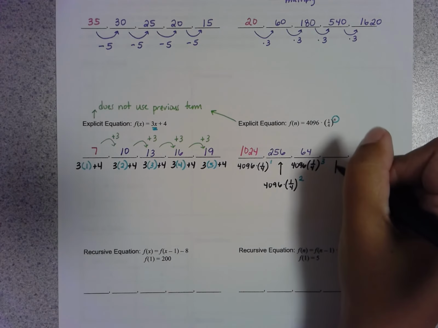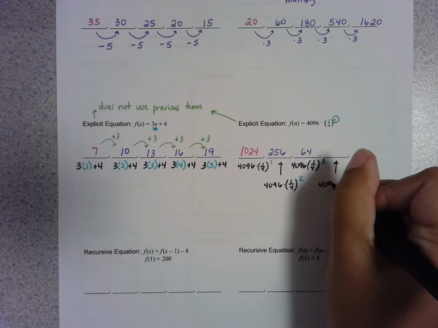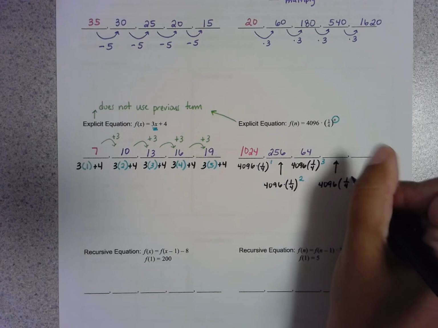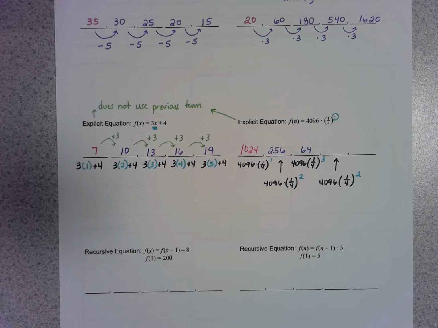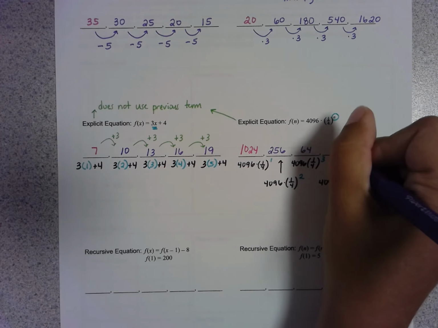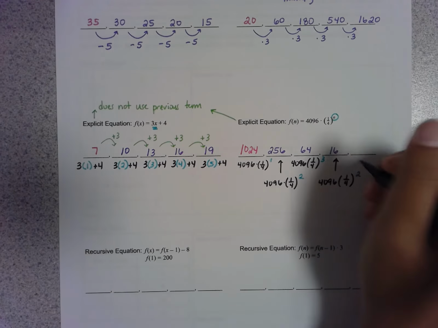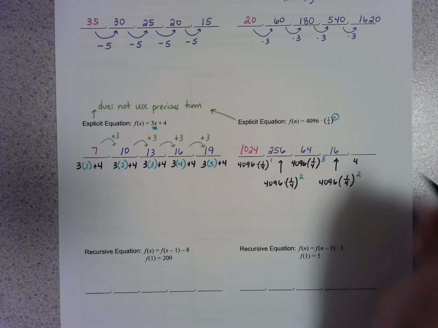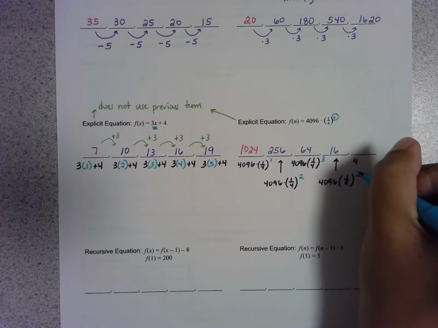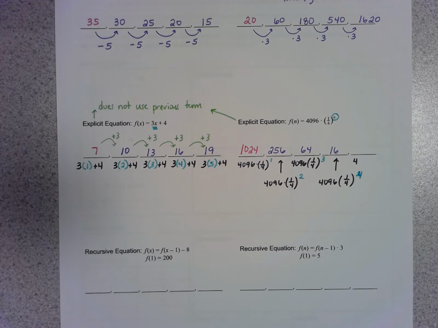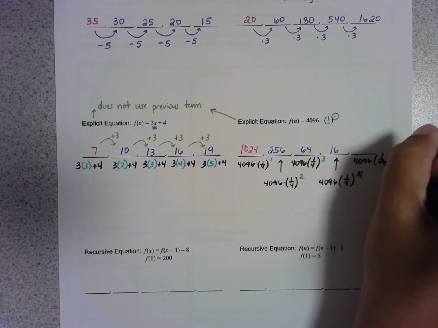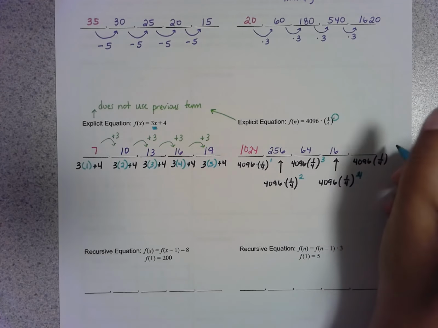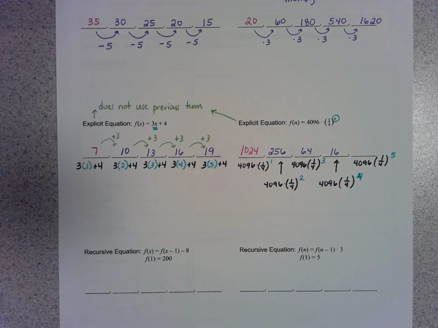For the next number, I'm going to type in the number 4, which if I type that in on my calculator, I should get 16. And for the last one, I'm going to type in the number 5. And when I do that, I should get 4.